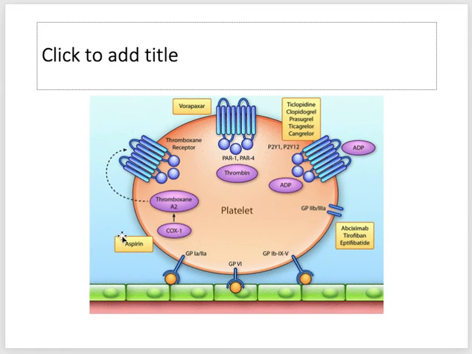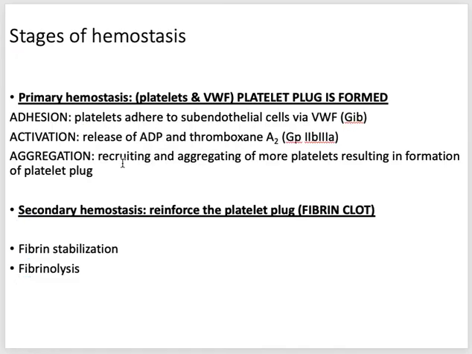So that's why I was talking about it. That's why I talk about thromboxanes, ADP, this receptor and this receptor, because all of these are ones on which certain medications act. Okay, guys, remember, you know what adhesion is, what activation is, what aggregation is.